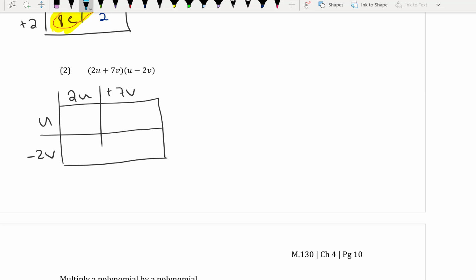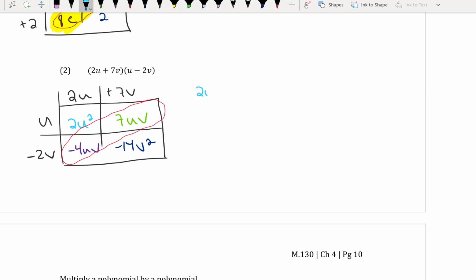So when I multiply, I would have a 2u squared, a positive 7uv, a negative 4uv, and a negative 14v squared.